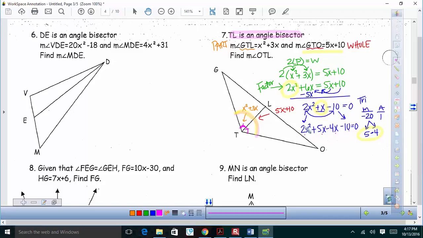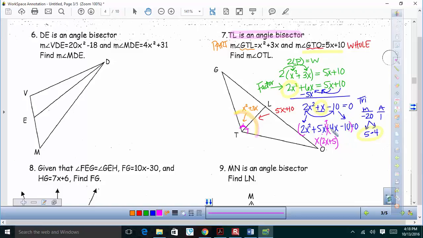So when we have 4 terms, we group them in order to factor them. So I'm going to group the first 2 together, and I'm going to group the last 2 together. Make sure you group this negative sign in here, and I'm going to put a plus between. So my greatest common factor of 2x squared plus 5x is going to be x, which leaves me with 2x plus 5.